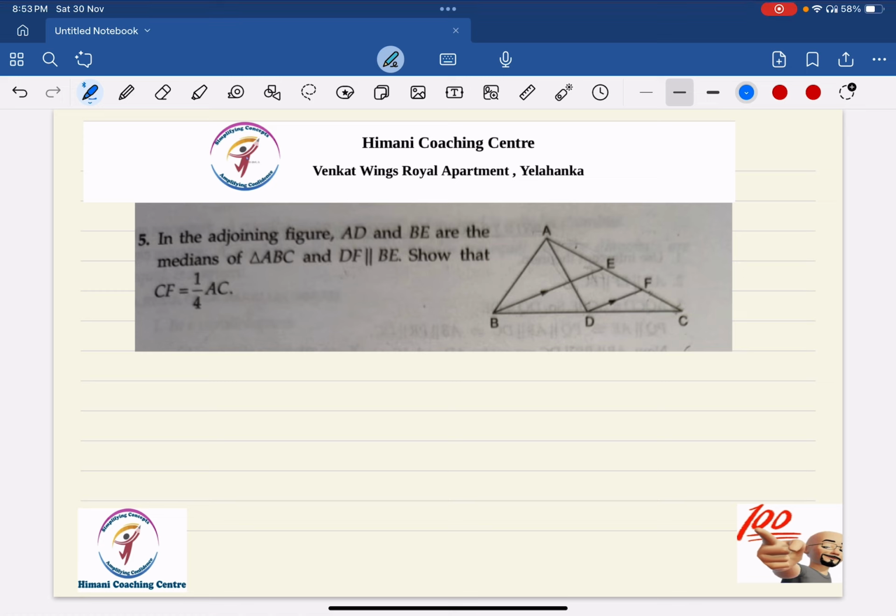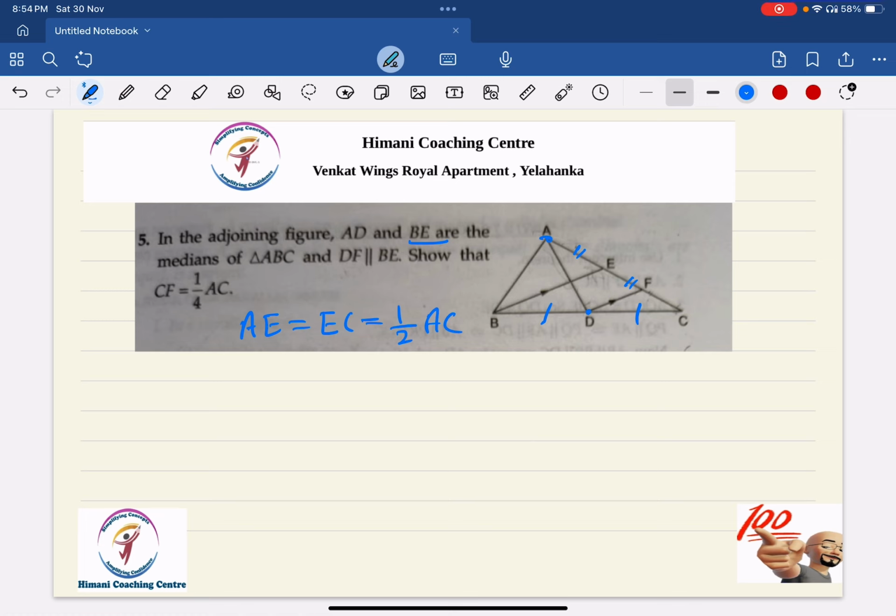Let us understand what this means. We are given AE equals EC, and each is equal to half of AC because E is the midpoint. Similarly, BD equals DC and each one would be half of BC. For now, we don't need half of BC.